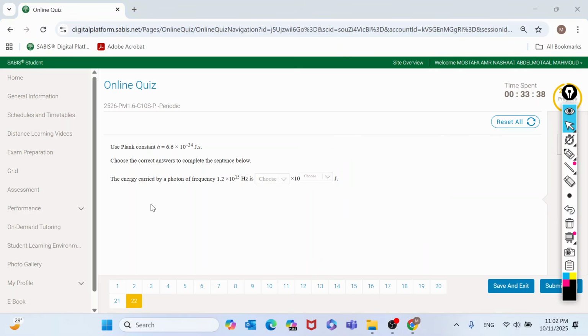Okay guys, I told you at the start there were two formulas. This is the other one. It's E equals hf.